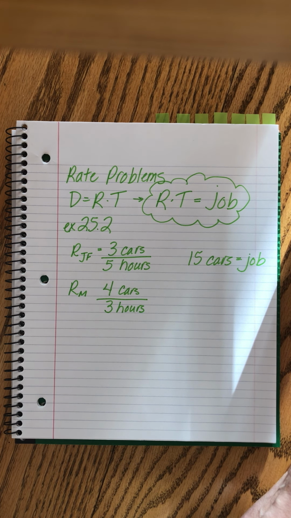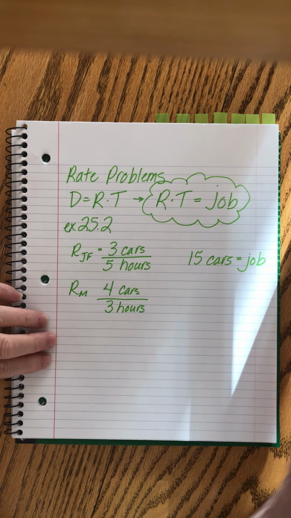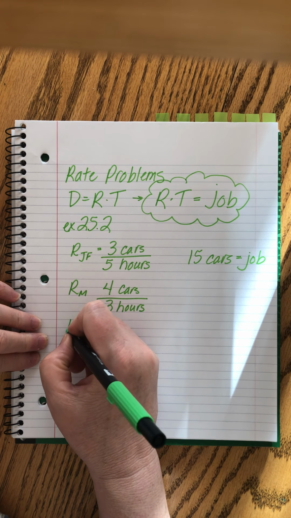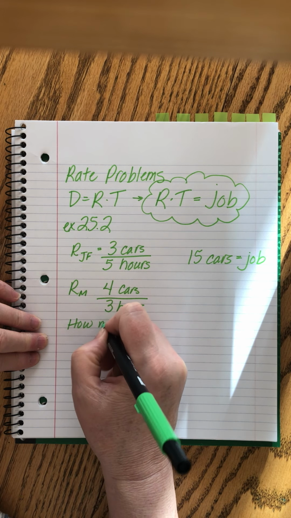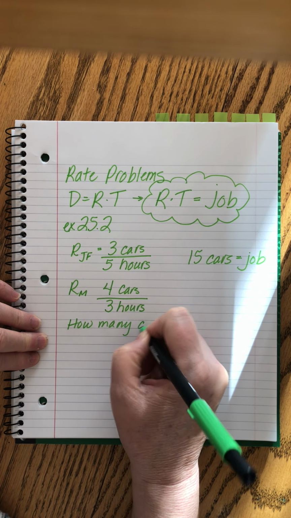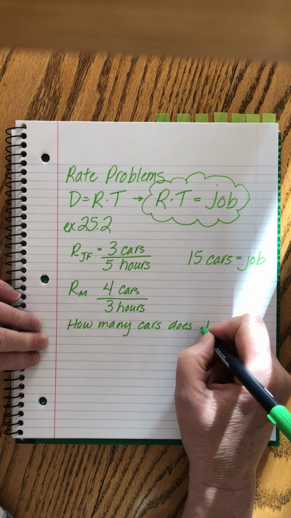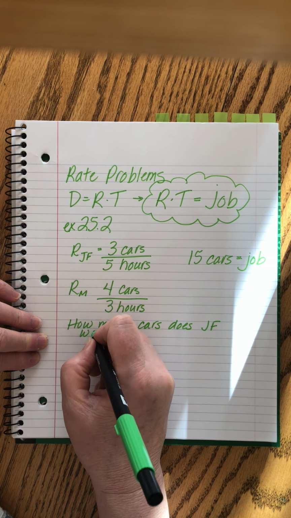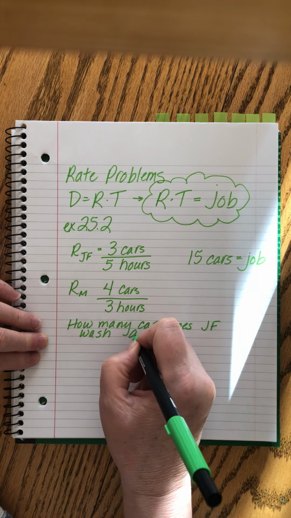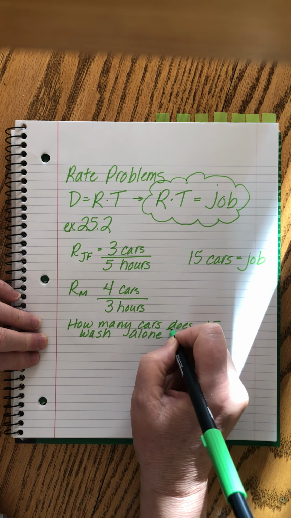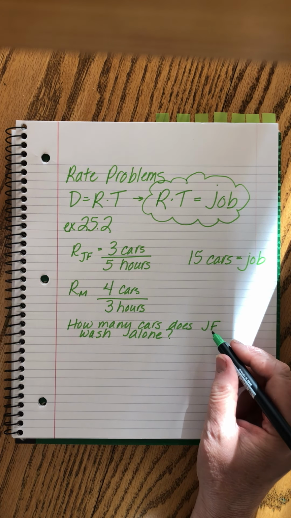Do you have a headache? I do. That's annoying. Okay, so here's what we want to figure out first. Joe Frank is working alone. How many cars does he wash? How many cars can this dude wash alone?